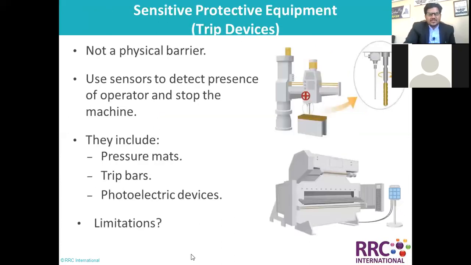Now we also have sensitive protective equipment, which is not a physical barrier. It uses sensors to detect the presence of the operator and stops the machine, and includes pressure mats, trip bars, or photoelectric devices. And of course, there are some limitations for sure.